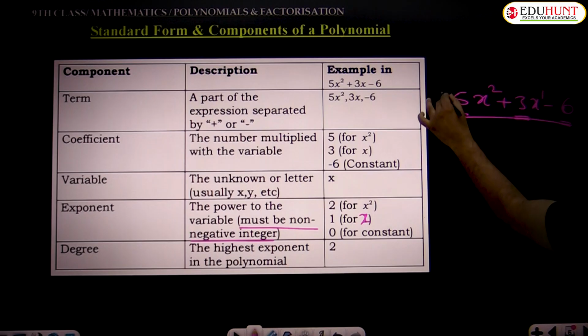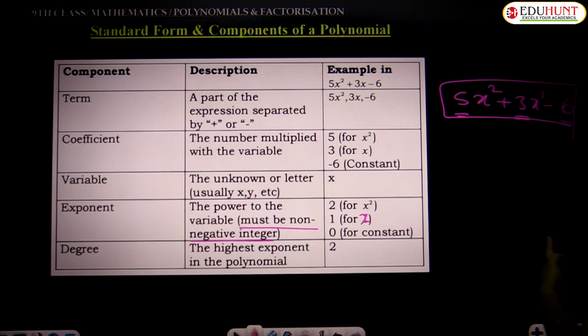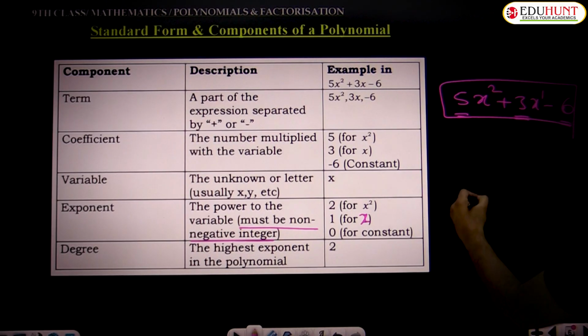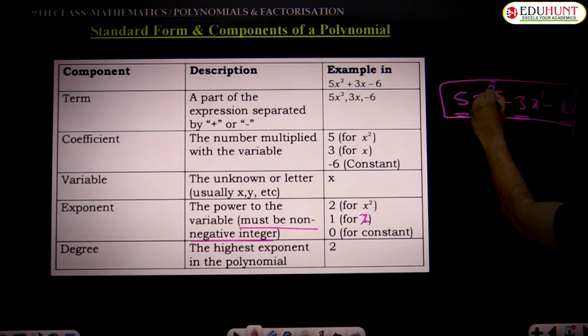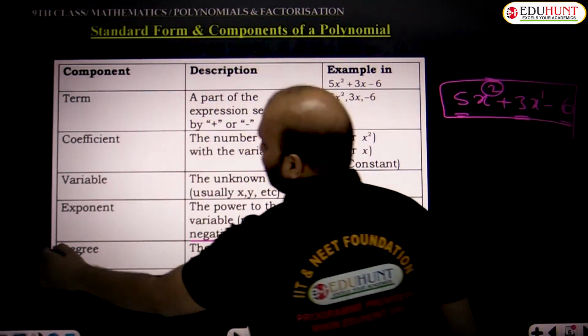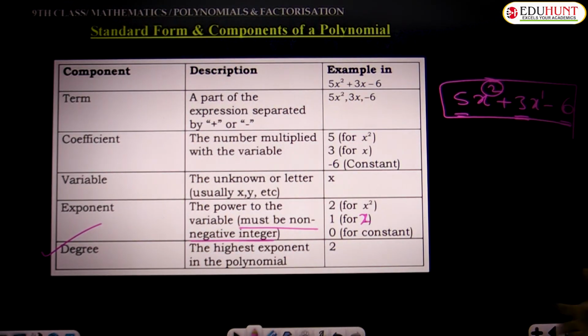In that equation, which variable is mentioned? X. The highest exponent in that polynomial is 2, and that is called the degree. How to find the degree of a polynomial equation? The highest exponent in that polynomial is called degree.